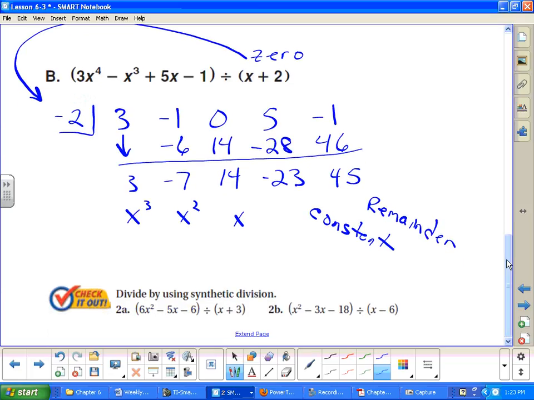So my answer is 3x cubed minus 7x squared plus 14x minus 23, and 45 over x plus 2.